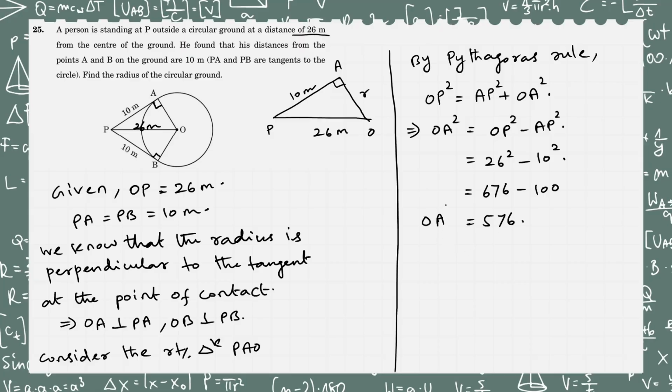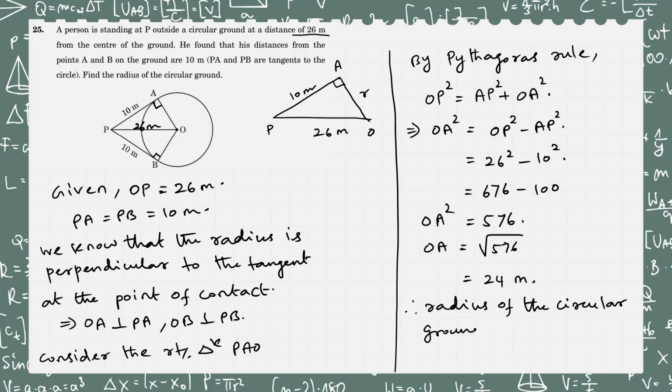And OA will be the square root of 576. And of course, we know this is the square of 24. So this is equal to 24 meters. So the radius of the circular ground is 24 meters. Right? So that's the sum.